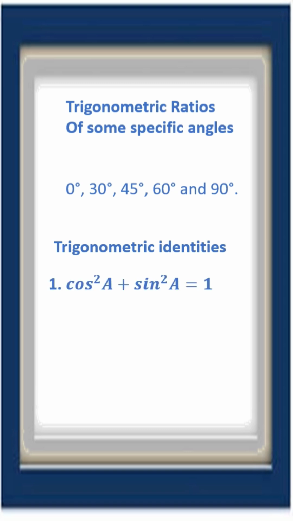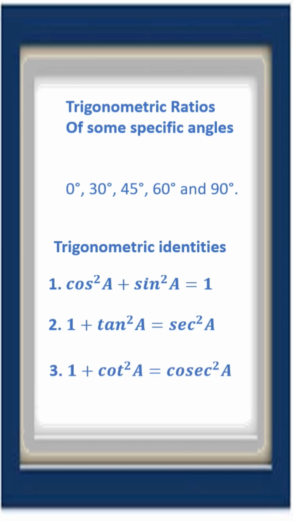First one is cos square A plus sin square A is equal to 1. The second one is 1 plus tan square A is equal to secant square A. The third one is 1 plus cot square A is equal to cosecant square A. If you learn these identities properly, it will not be very difficult to solve the trigonometric problems.